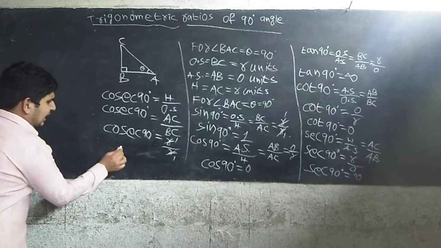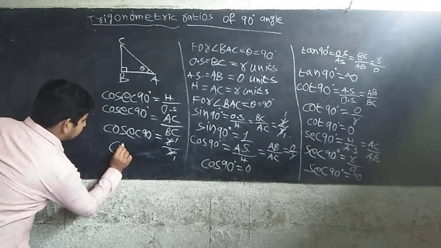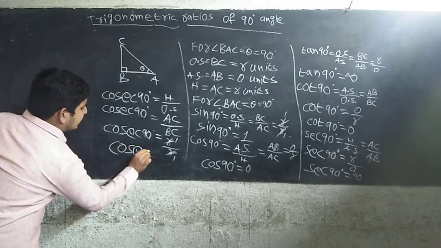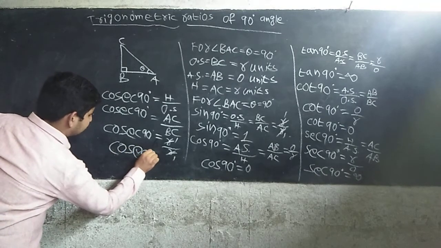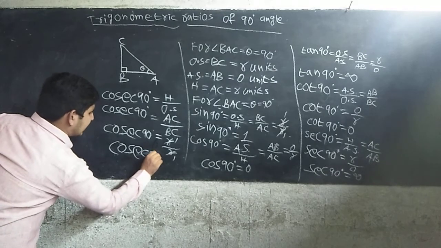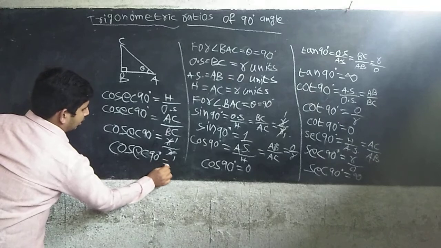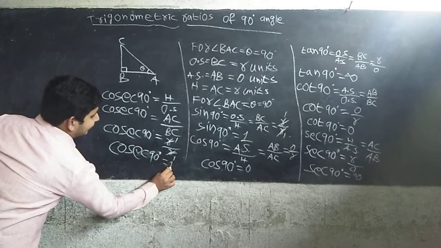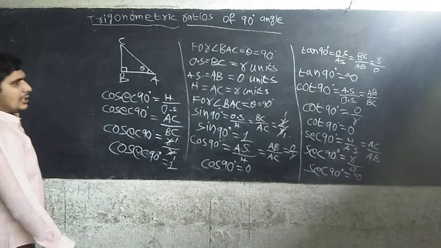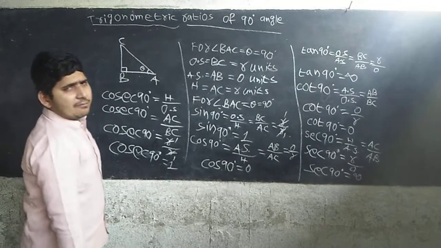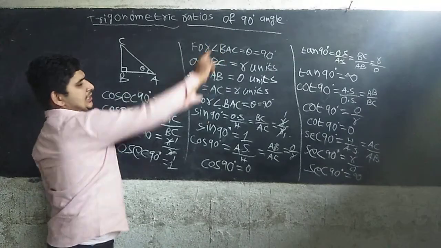So cosec 90 degrees is equal to 1. These are trigonometric ratios and their values for angle 90 degrees.